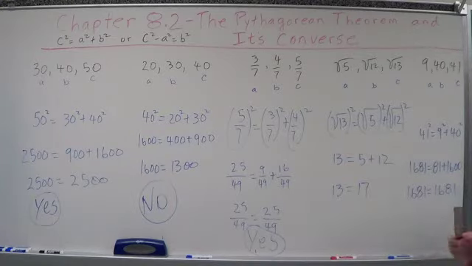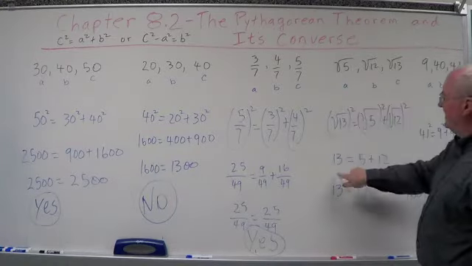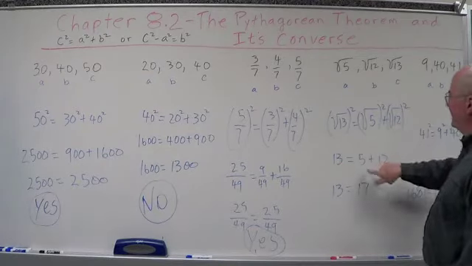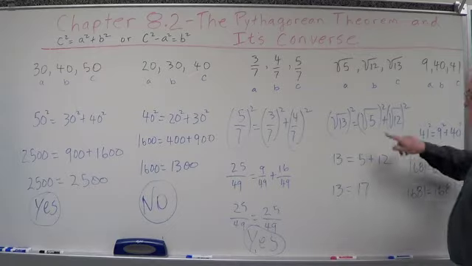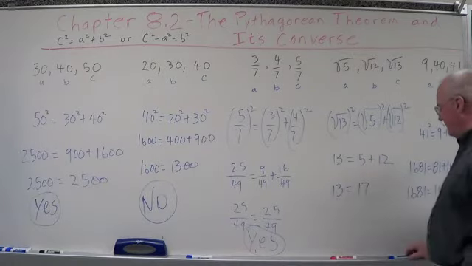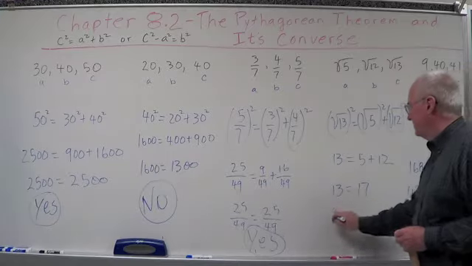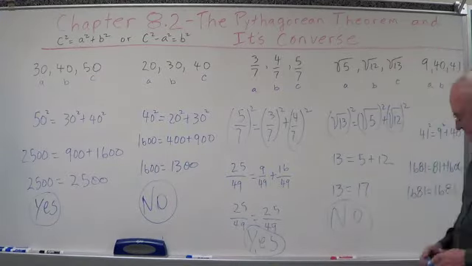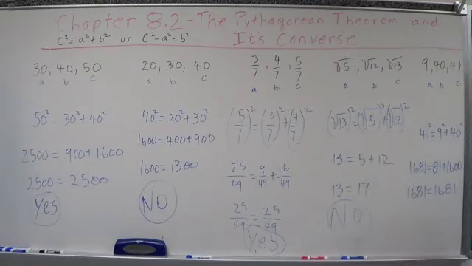Well, let's see. Square root of 13 squared is 13. Square root of 5 squared is 5. Square root of 12 squared is 12. 13 does not equal 17. No, this does not work. Okay? Do the math any way you want to.